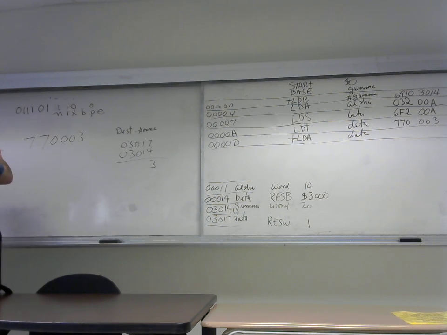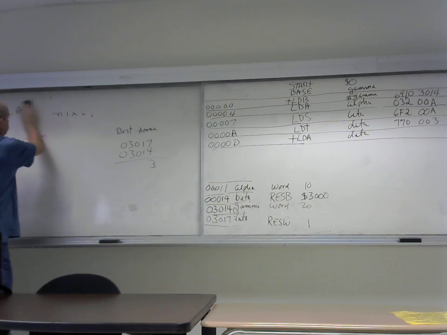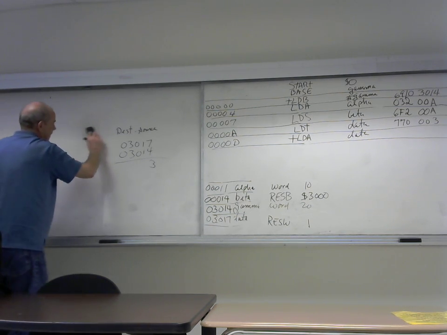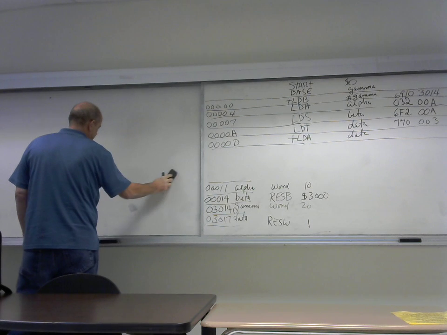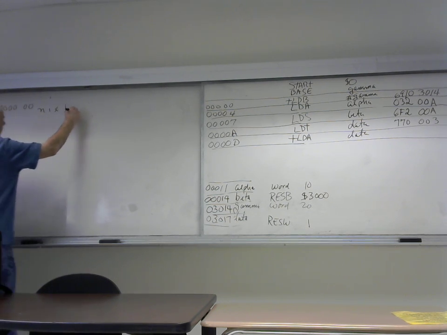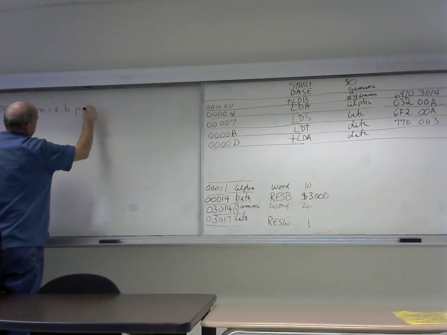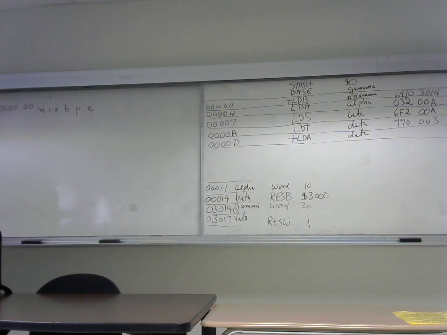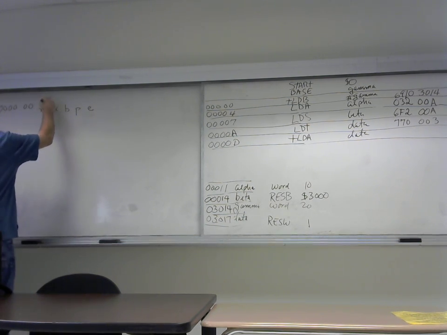Now the last one, plus LDA. Okay, because there's a plus, we know it's format 4. LDA starts with 0. And then we have NIXBPE. All right, it's neither indirect nor immediate.